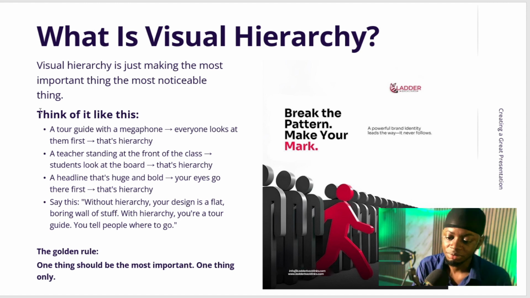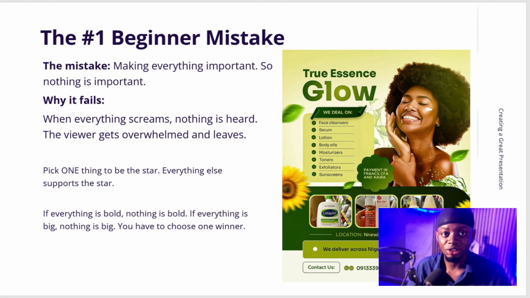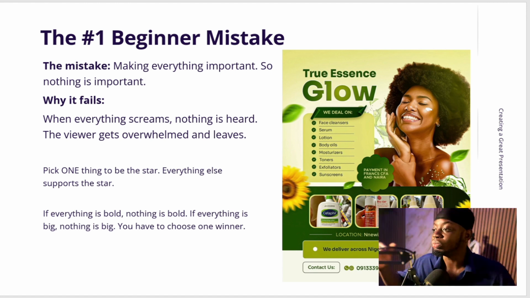So the number one beginner mistake about visual hierarchy is that they make everything important. You want to make all the text big, all the text bold, then you end up not making anything important.